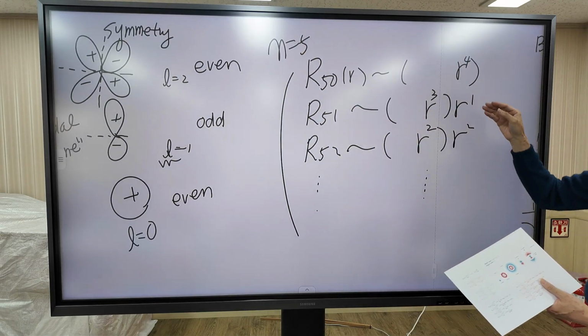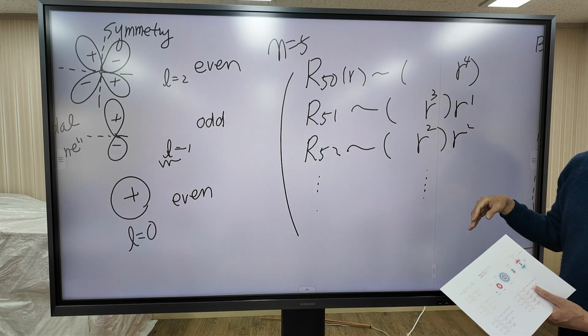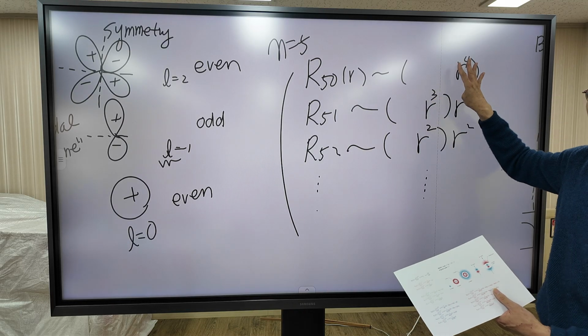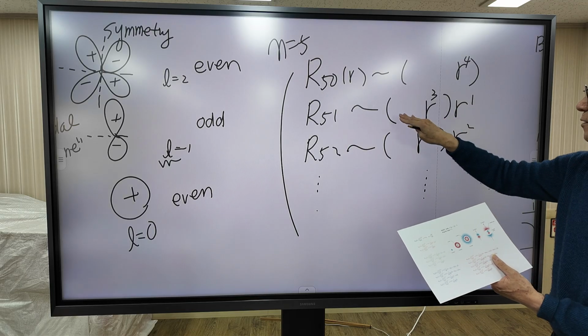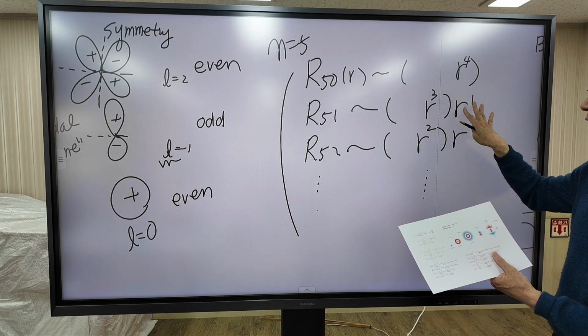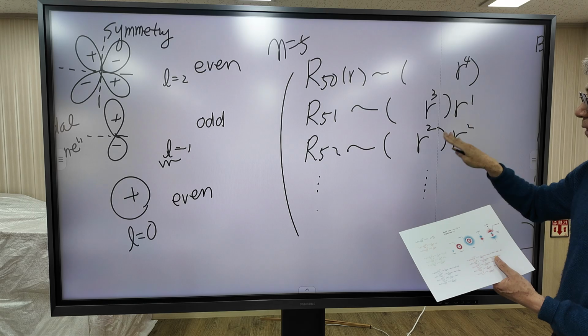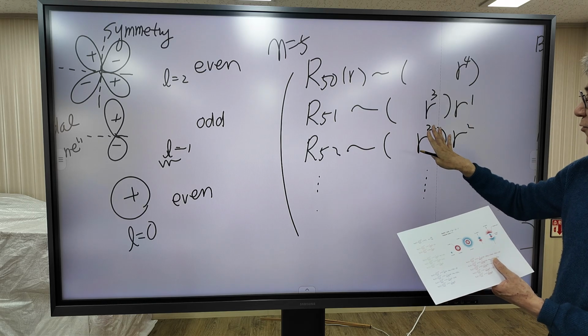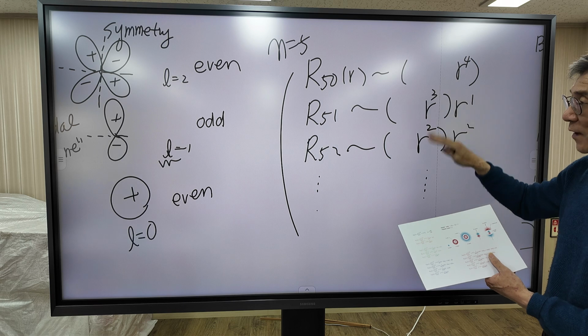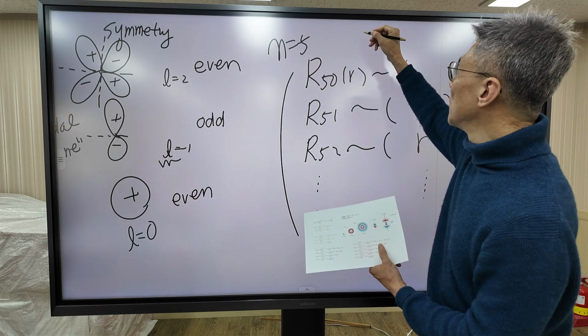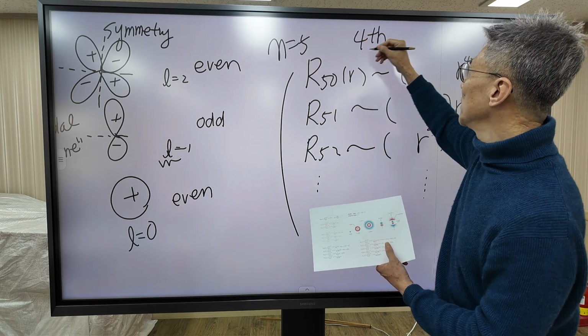Then what's the degree of the polynomial? The degree of this function is 4. The degree of this function is also 4, because this is 3 times r to the 1, so fourth degree. This one is r to the 2, r to the 2. So the degree of this polynomial is 4. So all the functions for n equal 4 are fourth power.